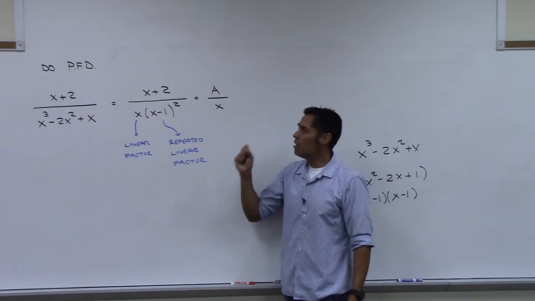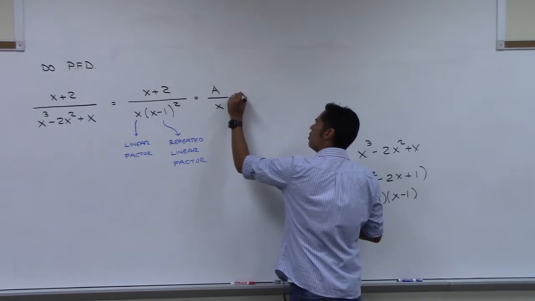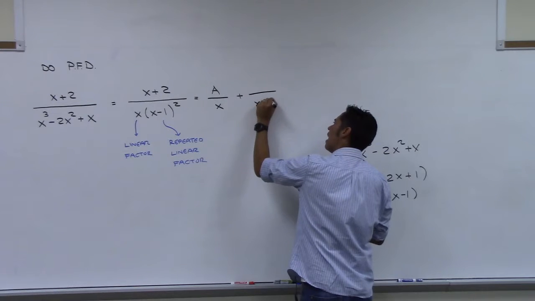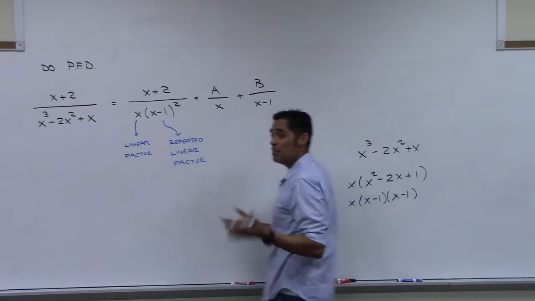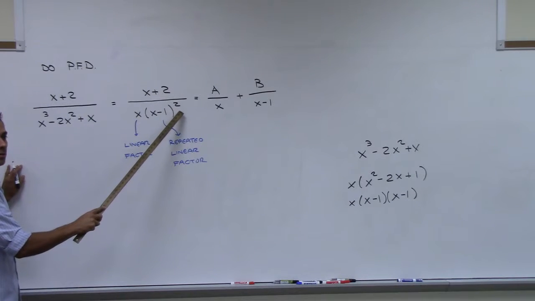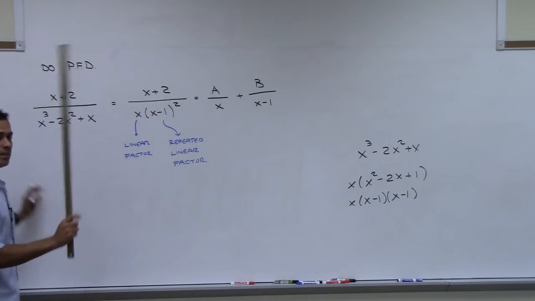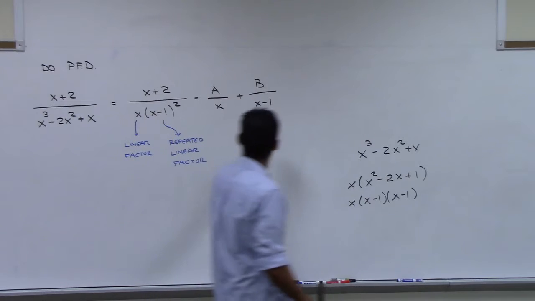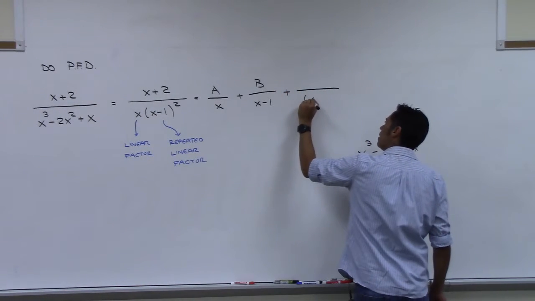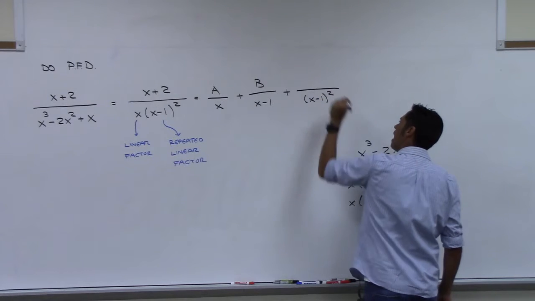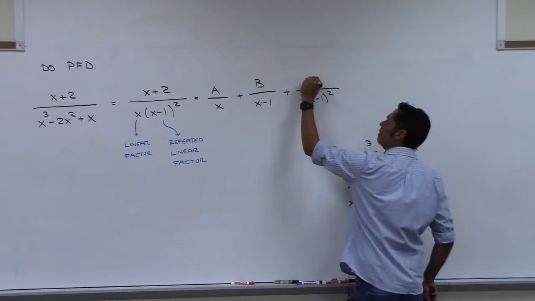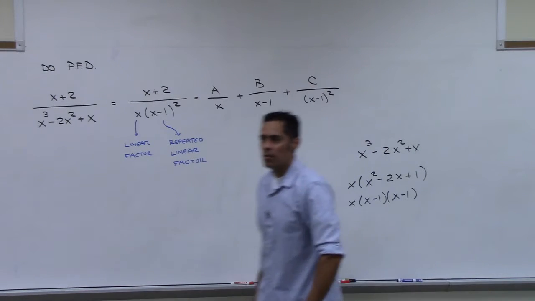Twice, right? So here's what you do. You put plus, and then you put the linear factor down here with a b. That looks very much like what you would have had if this had not been squared. But then you're going to add one more term. It's going to be the repeated linear factor squared, and on top of that, a third number that we don't know, c.